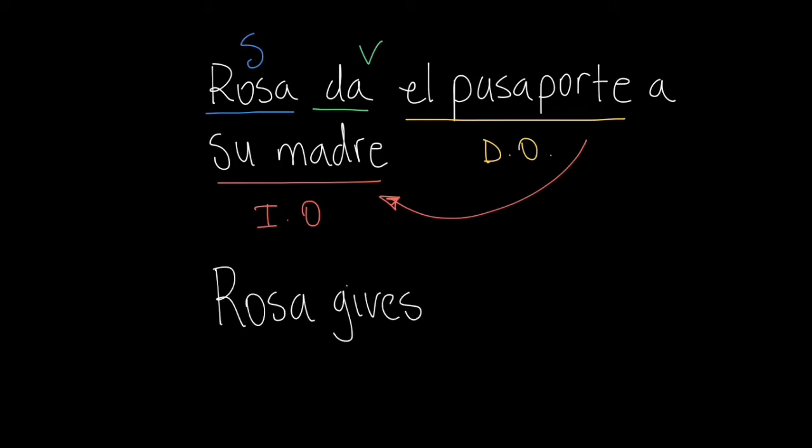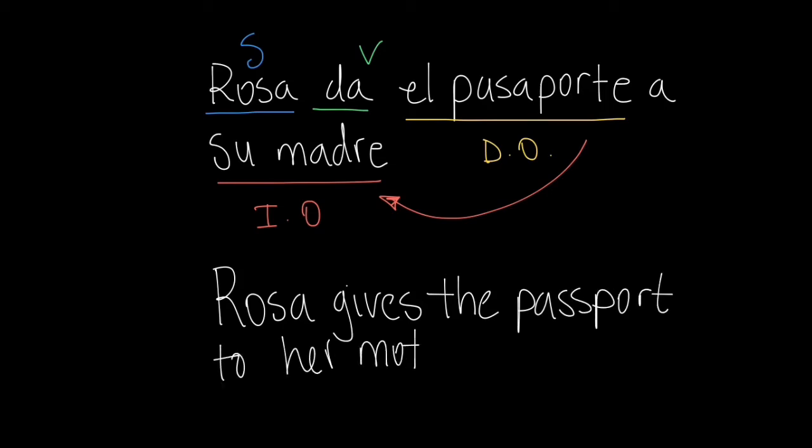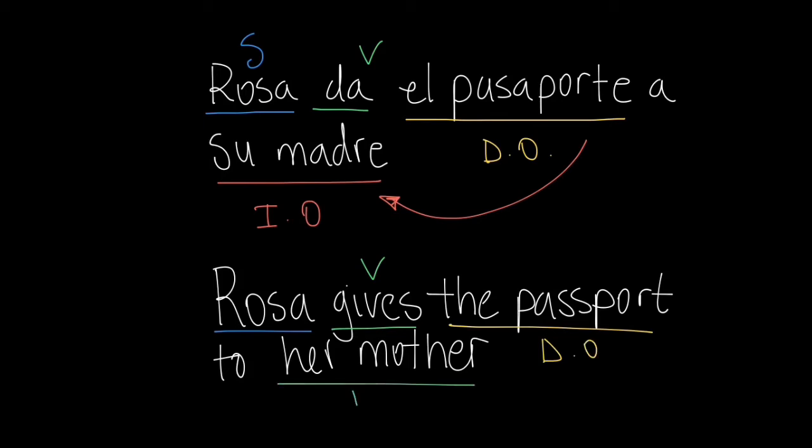So in English, Rosa gives the passport to her mother. Again, Rosa is my subject, gives is my verb, the passport is my direct object, and her mother is the indirect object. Notice that because her mother is a person, we need to have the personal a.